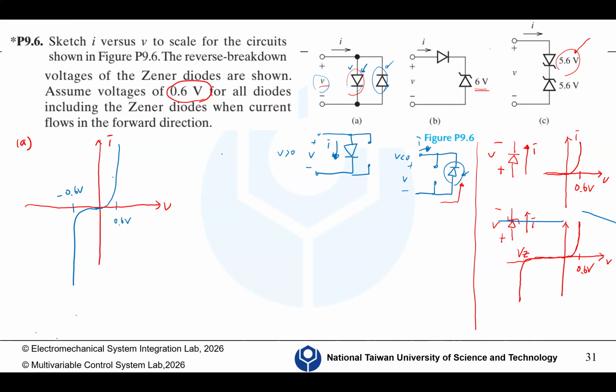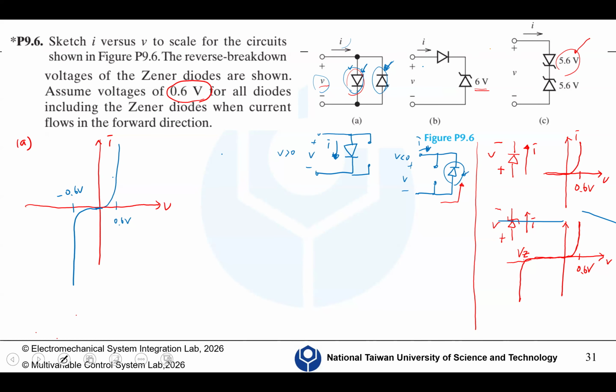For V smaller than zero, this diode is off and we look at the other one. It is under forward bias, but V is negative and I is also a negative value. So the curve is just like this. This is the solution for problem A.